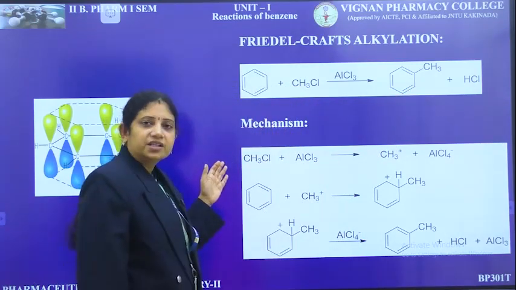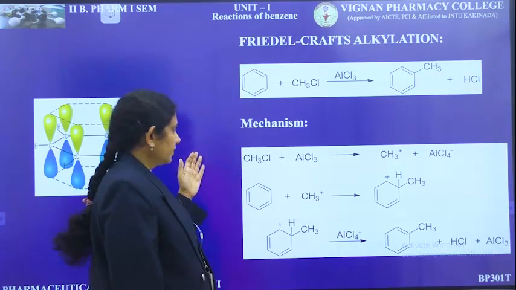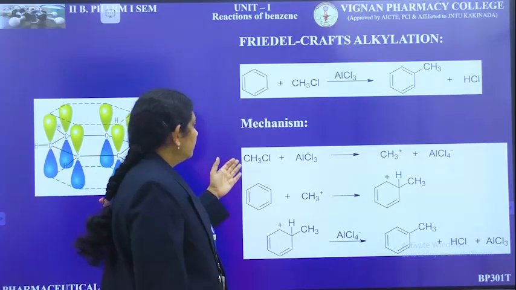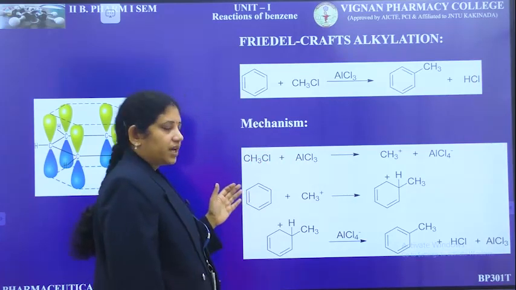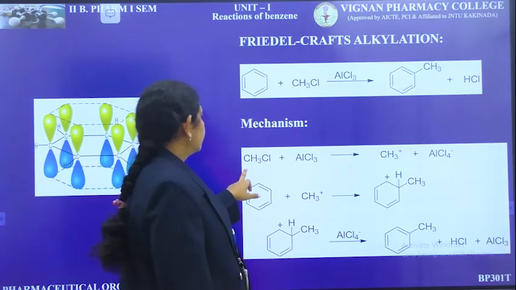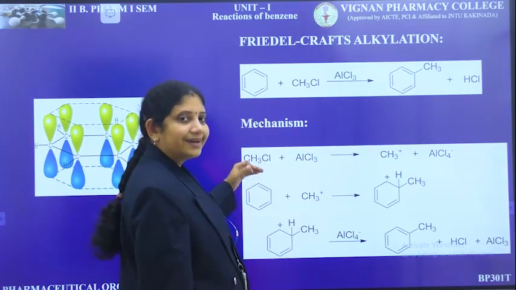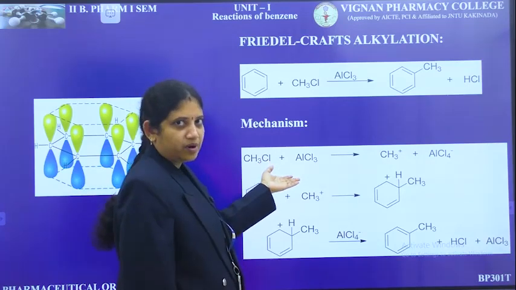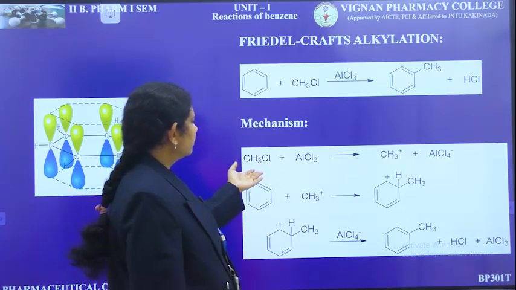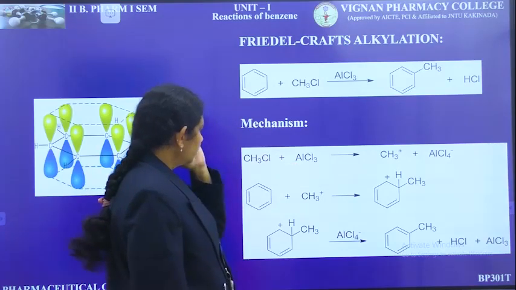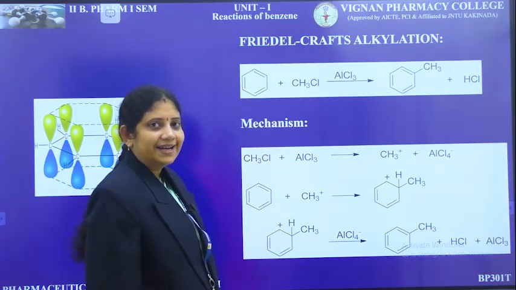Coming to the reaction mechanism, the first one is the generation of the electrophile. When methyl chloride is treated with aluminum chloride, that aluminum chloride is acting as a catalyst.